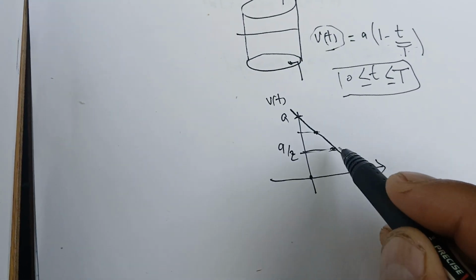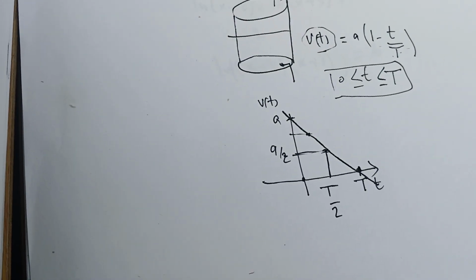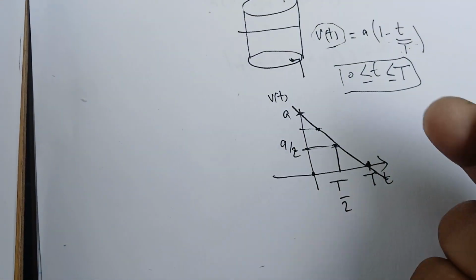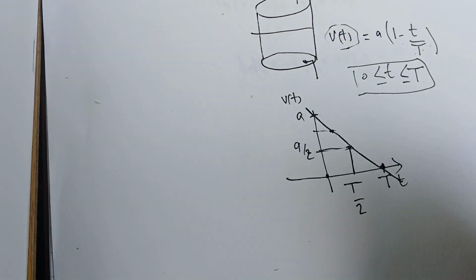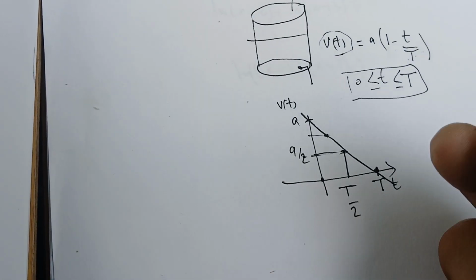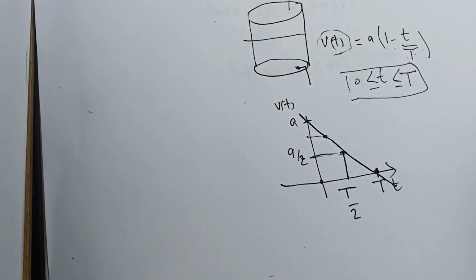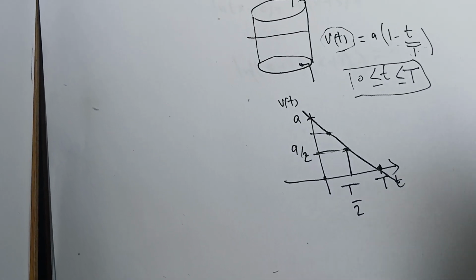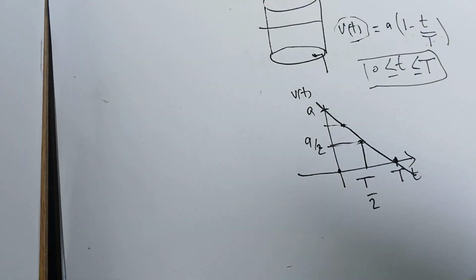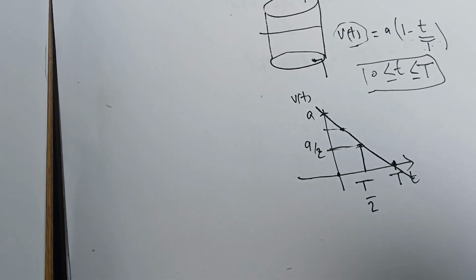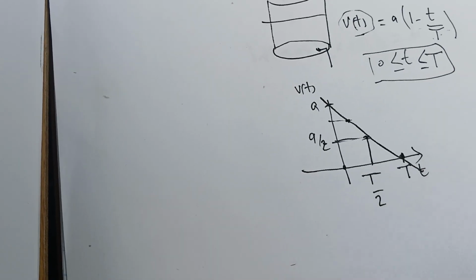It should be A over 2, and the time should be T over 2, because it's linear. Every second there is some change, and every other second the same change happens. We lose the same quantity in every second. There is no sudden change. We see the same change every minute or every second.